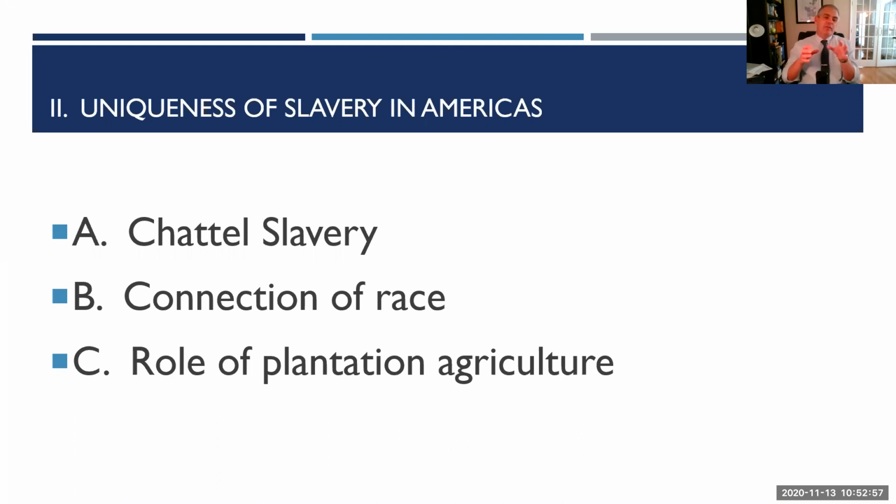And chattel slavery represents the slavery of the Americas, where enslaved Africans are being bought and sold on the open market as we would buy and sell oil, silver, gold, any of the commodities. In other words, in chattel slavery, the enslaved African is no longer a human, but rather a piece of property that can be bought and sold under contractual laws.